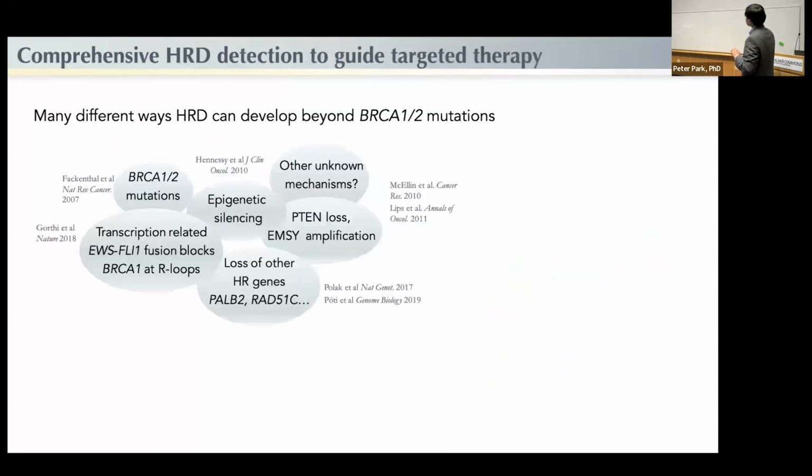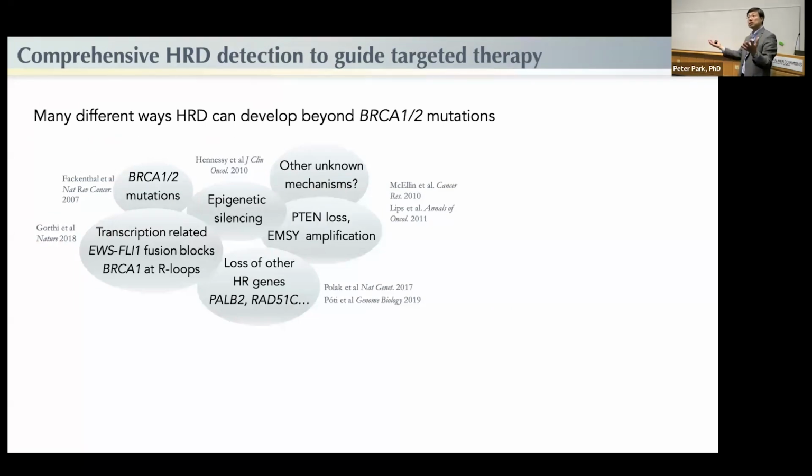Now, why are we doing this? You could say, why don't we just look for mutations in known genes, right? Why don't we look for BRCA1, BRCA2 mutations, and so on? That's in the homologous recombination pathway. Well, that's because a lot of these cases are hard to detect because the genes are not known to us, or the genes are dysregulated for other reasons.